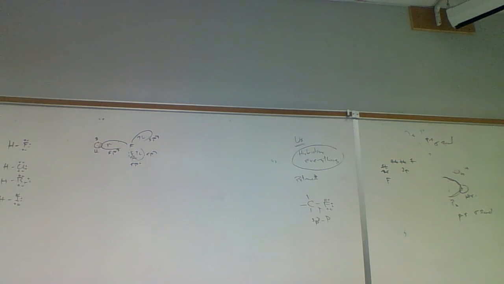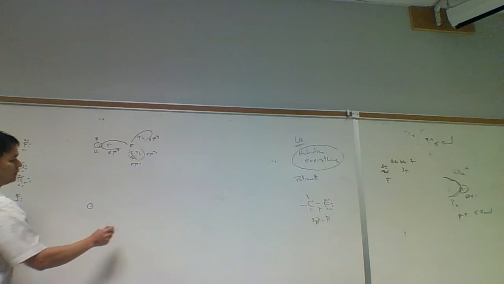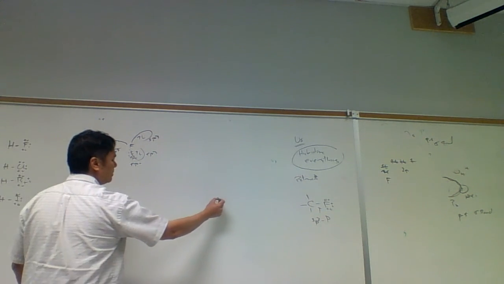So what's the difference between HF and HI? Well, it's a pretty big difference because iodine is going to have a bigger or smaller sp3 orbital? Bigger, and in fact, it's going to have a much bigger sp3 orbital.